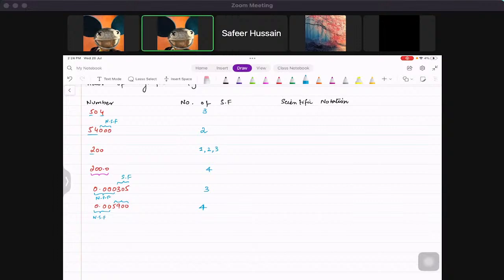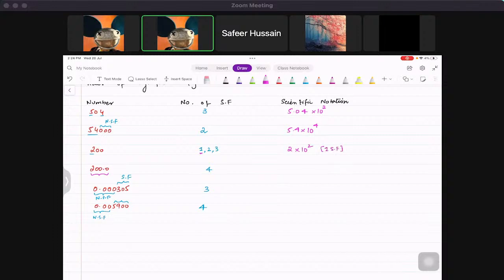Now the last, scientific notation. This would be written as 5.04 times 10 raised to power 2. I've told you about how to convert this in the very first chapter. This will be 5.4 times 10 raised to power 4. So we're ignoring the non-significant ones, right? If you're following the first significant, this will be 2 times 10 raised to power 2 only. This means this is just 1 significant figure.